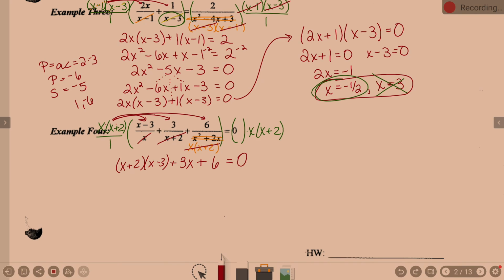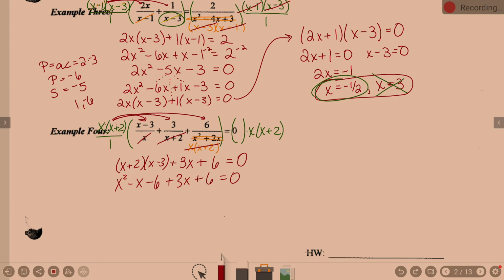So if I FOIL this, x squared minus 3x plus 2x is going to be minus x minus 6. And I still have the plus 3x and plus 6. Oh my gosh, I forgot a number. Am I okay so far?